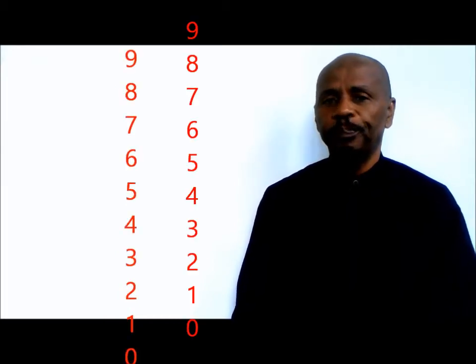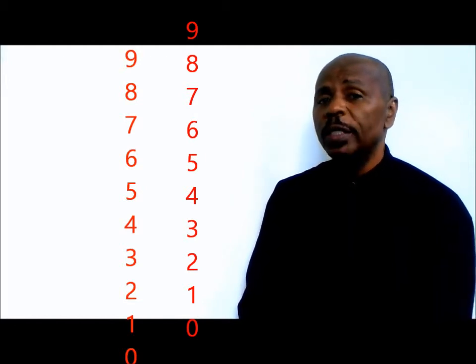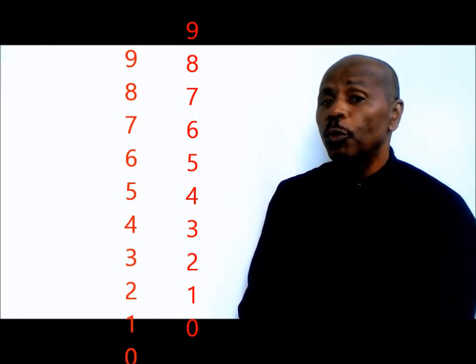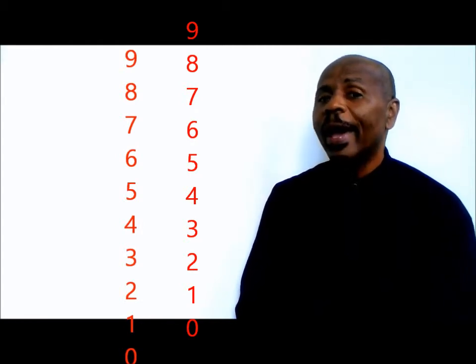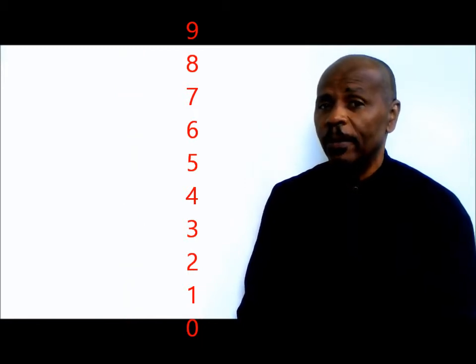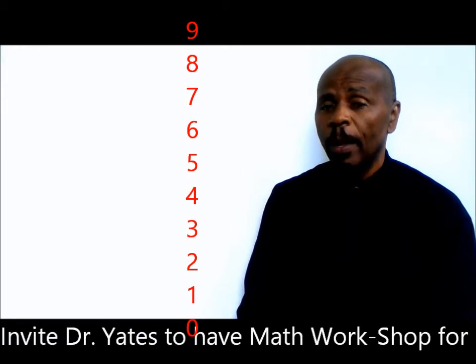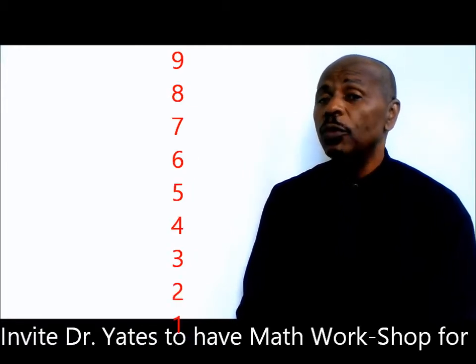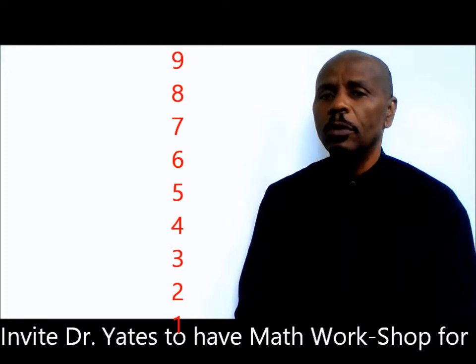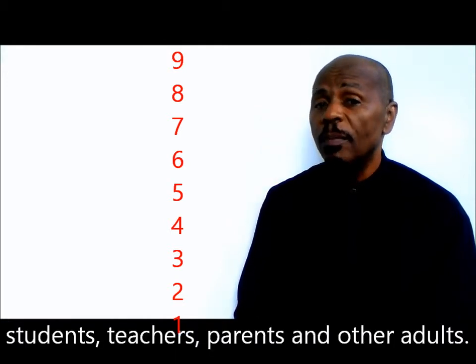For example, if you notice here on the board, we start at 0 and we go all the way to 9. This is called the rule of measurement or the rule of counting. 0 to 9, not 1 to 10. Okay, 0 to 9. For example, if I start at 1, how would I write 10? And if you say, simple, 10, then I'll ask you, where did the 0 come from?